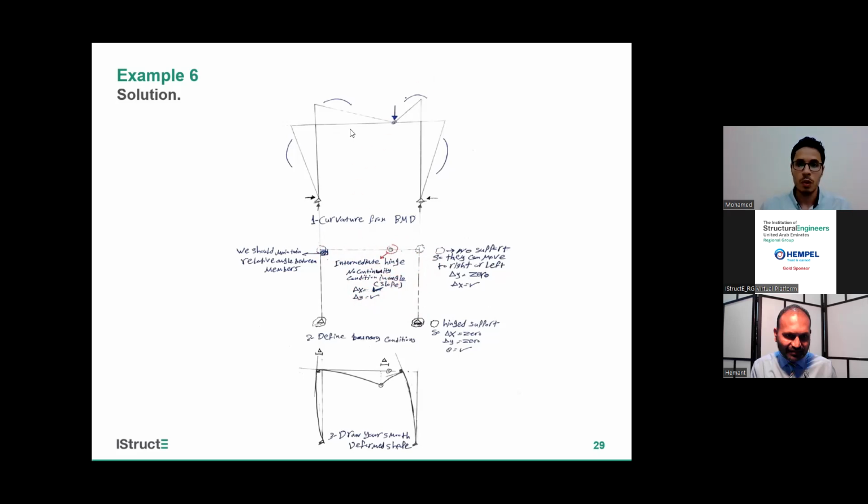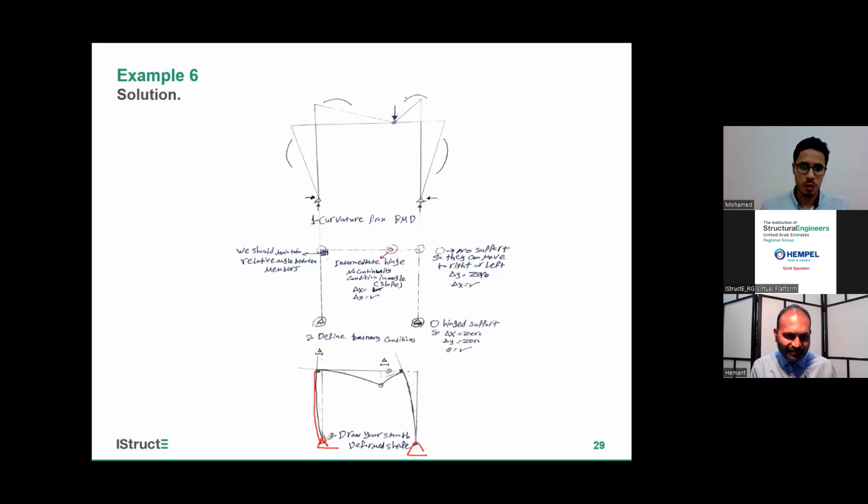So if we try to draw, here I have my hinge. We have to think whether this point will go to the left or to the right. If it goes to the right, let's go like this. I'll have this, this is 0, and this is my deformation or my curvature.